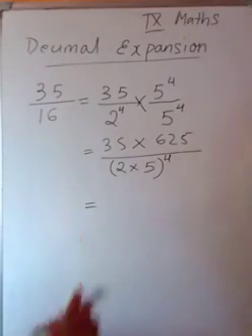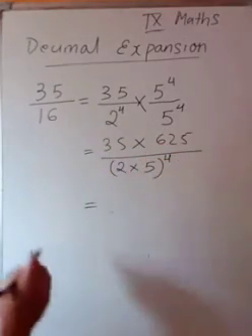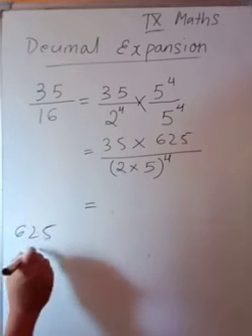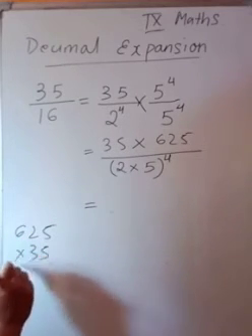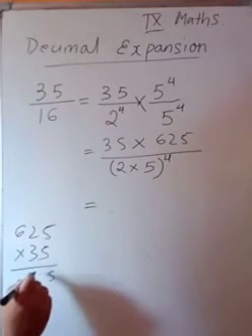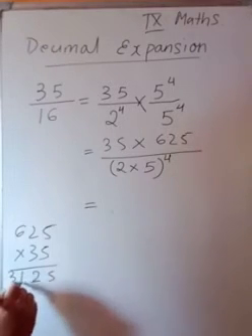Now next process is multiply 35 and 625. You can do in the rough work 625 multiplied by 35. 5 5s are 25, carrying 2, 5 2s are 10 and 2, 12, carrying 1, 5 6s are 30 plus 1, 31.